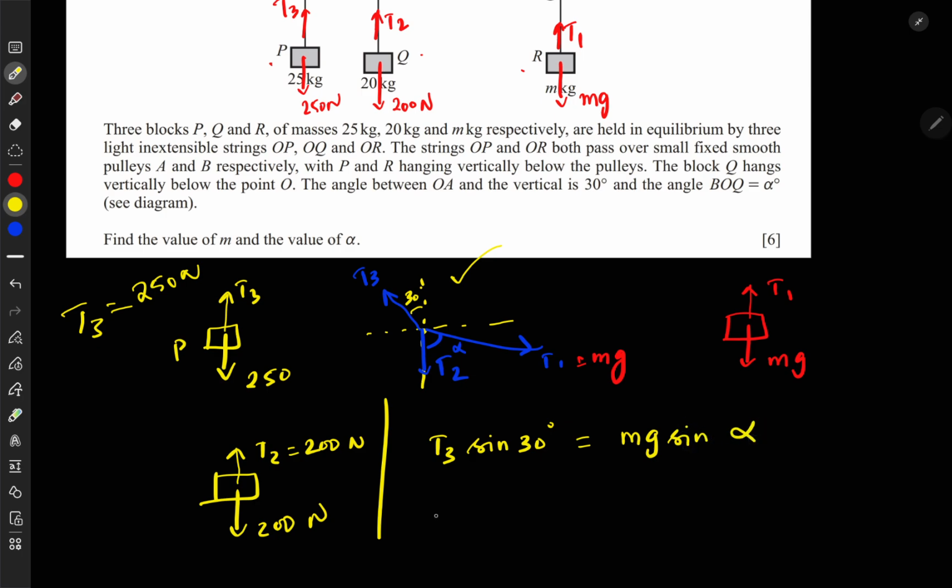One more equation we'll get: T3 cos 30 is equal to T1, that is, mg cos alpha plus T2. These two are vertical forces. This is horizontal, H I'm writing, and this is vertical forces. Now, based on the information, we will plug in the values.